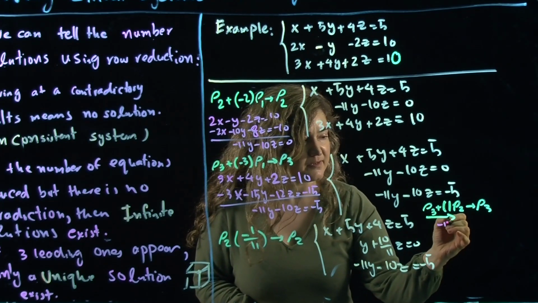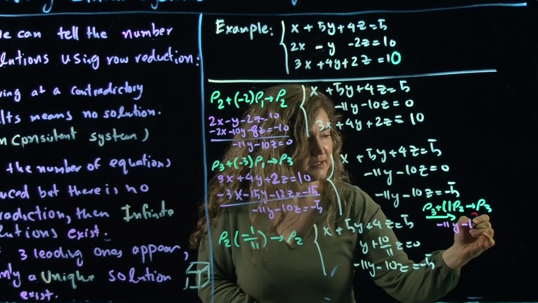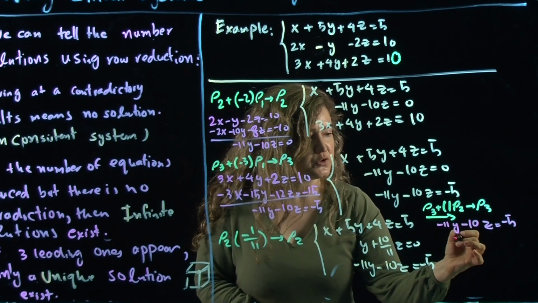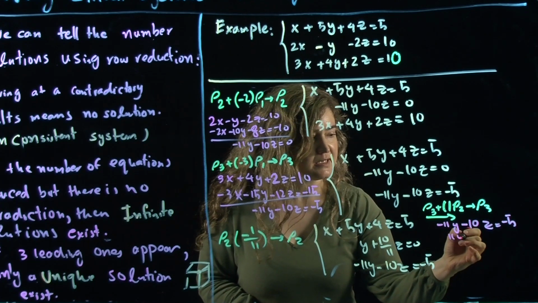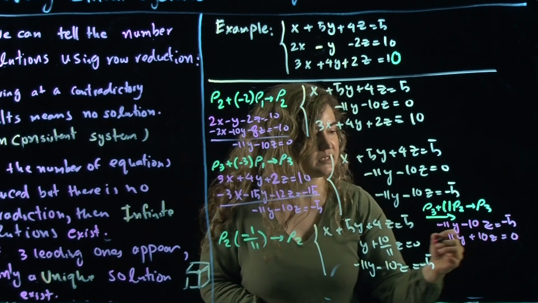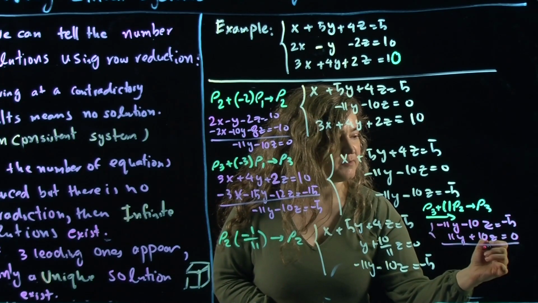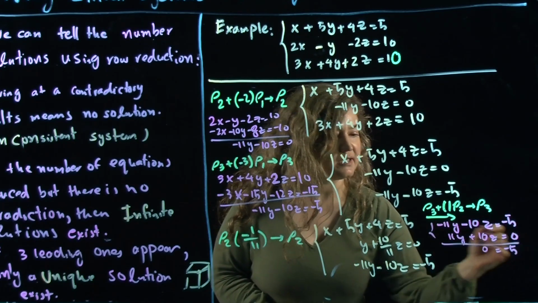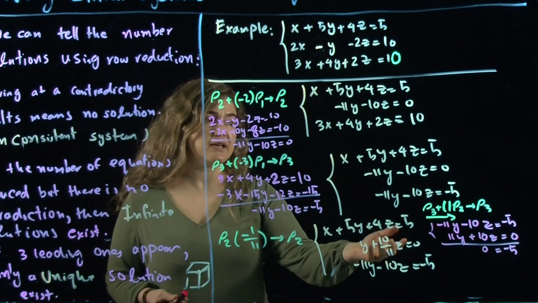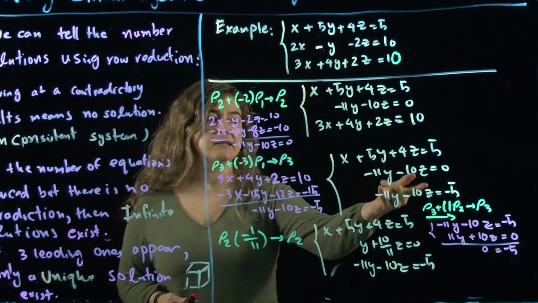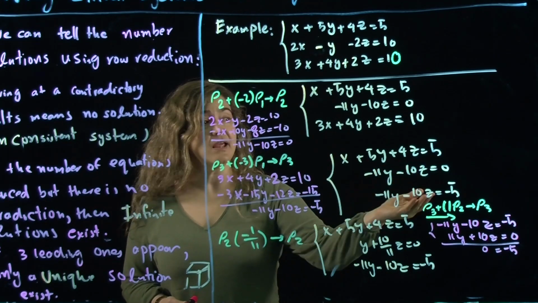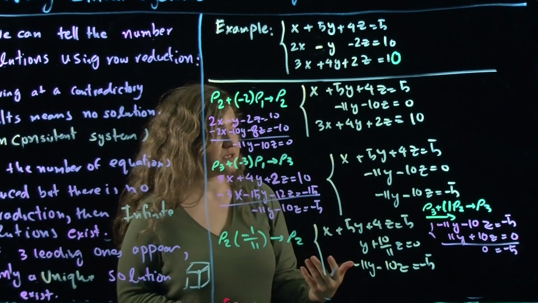Row 3 is -11y minus 10z equal to -5. Row 2 times 11 is 11y plus 10z equal to 0. So it will give me 0 equal to -5, which was what we were actually expecting, because I could see that one side of the two equations were the same and the other side was not.